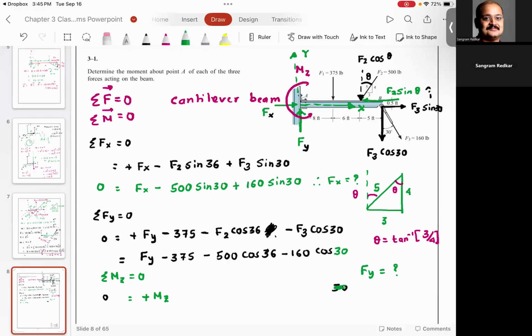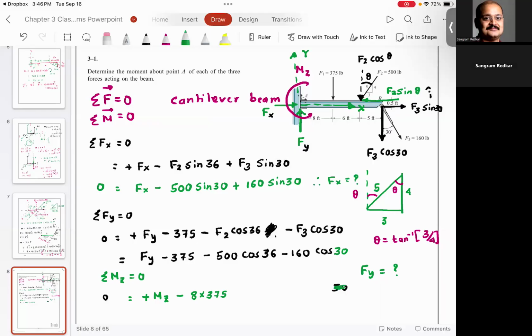Curl your fingers in the direction of the moment given by force F1. Is it positive or negative? Negative. So this is going to be minus 8 times 375. Why 8? Because 8 is the distance. Perpendicular force is 375.